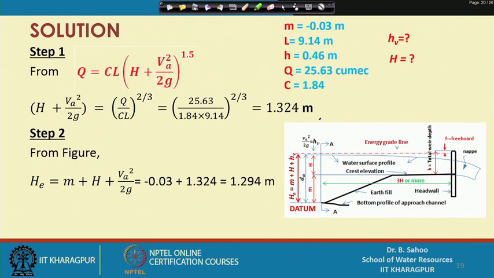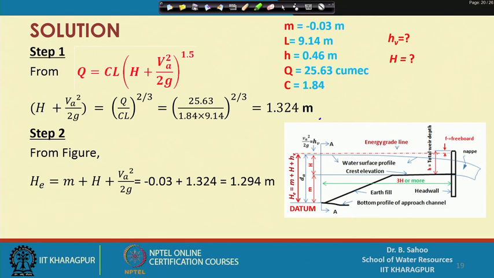Here the values are given: m, L, h, Q and C. By putting that you can get the value of H plus v square divided by 2g, and that is equal to (Q divided by C L) whole to the power 2 by 3. So, we will get 1.324.